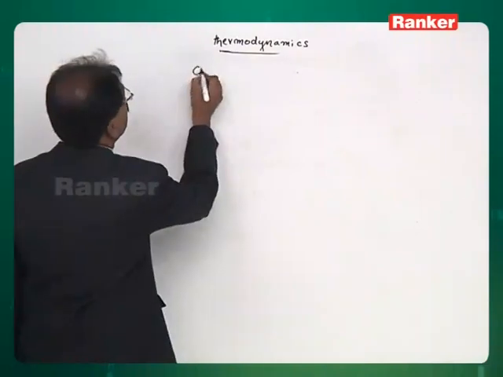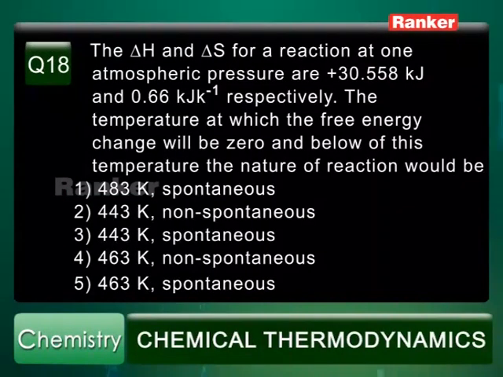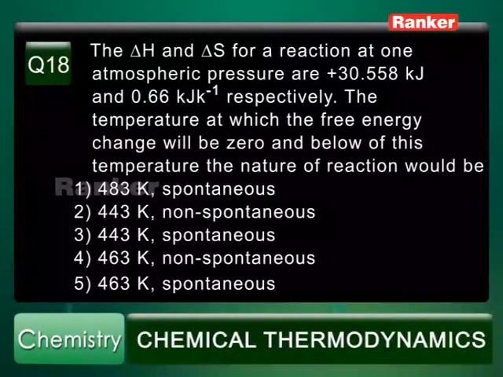Next, question number 18. The enthalpy change and entropy change for a reaction at atmospheric pressure are given as plus 30.558 kilojoules and plus 0.66 kilojoules per Kelvin respectively. They are asking the temperature at which the free energy change will be 0, and below this temperature what the nature of the reaction will be.